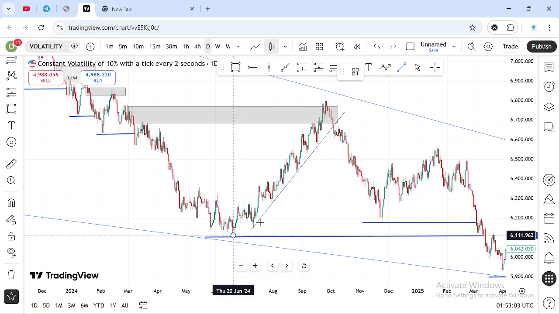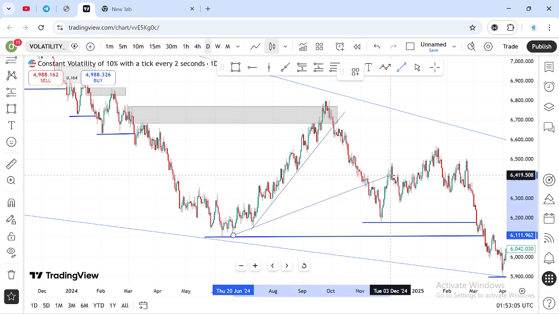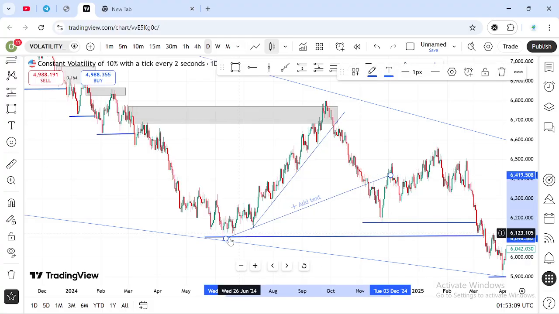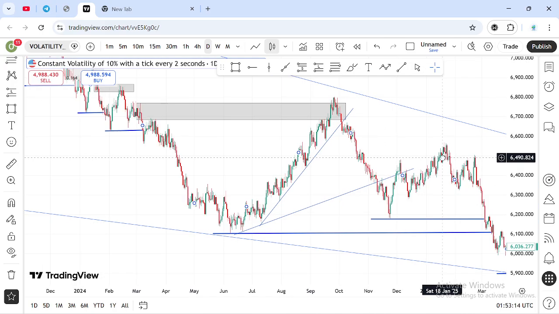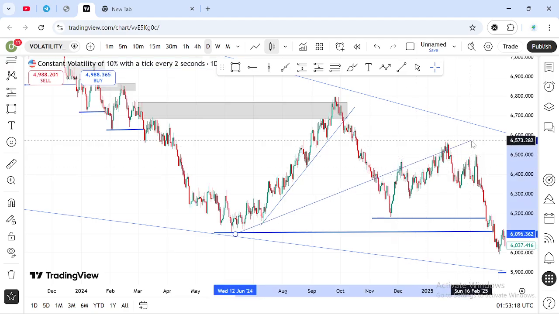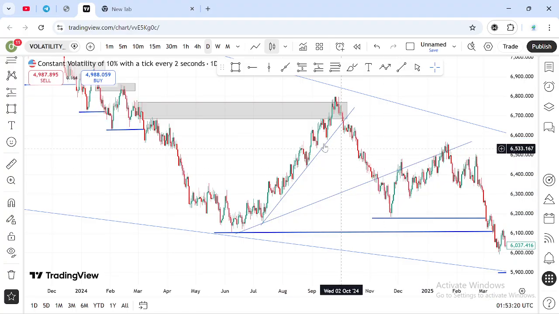Connecting it from the lowest point to this one, this is the first trend line, and then you have to extend it all the way. But then this is the second trend line, which you extend to this point. So that's that.